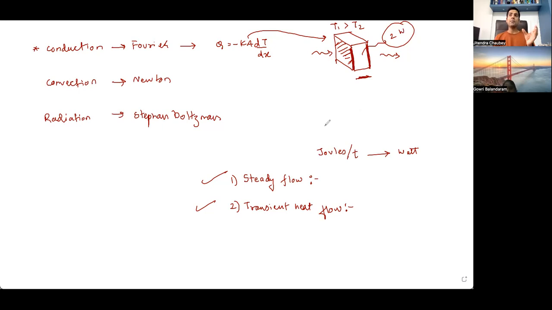But if a hot egg, a bowl of soup or a mug of coffee is kept in a room, it will lose heat and eventually with time the temperature will drop. Such an example is transient heat flow. So in steady flow, what is the example again? Steady flow would be when the heat flows and the temperature doesn't change. Any example?